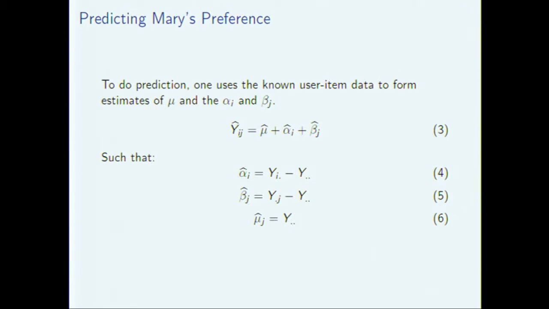We are estimating it based on the average of all of Mary's ratings, subtracted by the average overall rating for all movies. Same thing with the beta J. We want to look at all of the ratings for Captain America and see how well it fares with the average. And our estimation for mu in this case would just be the estimation of the overall data set.